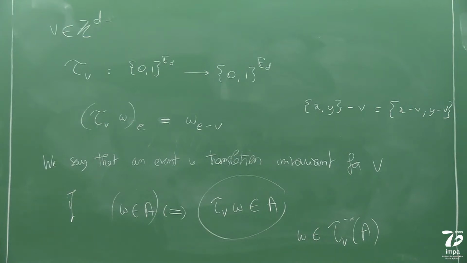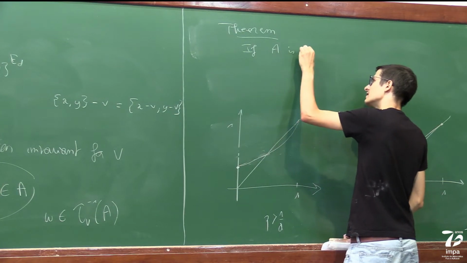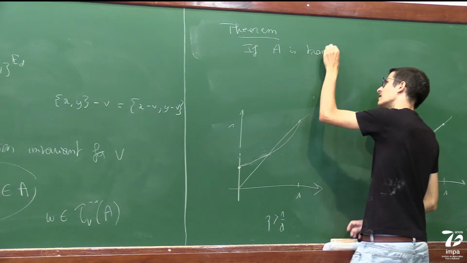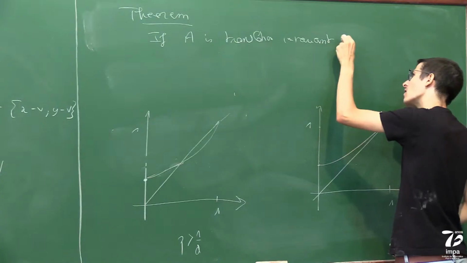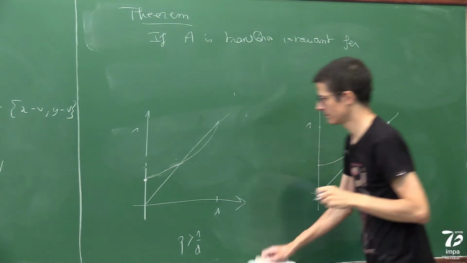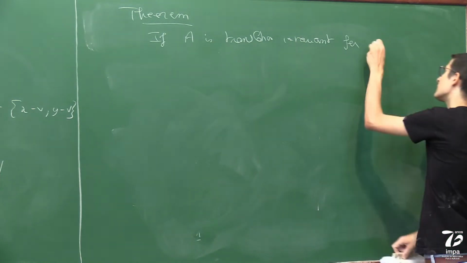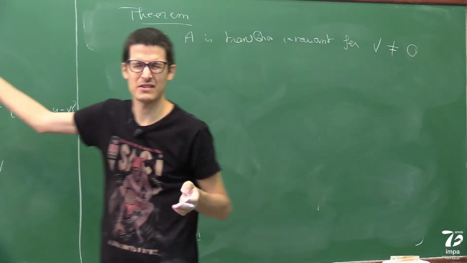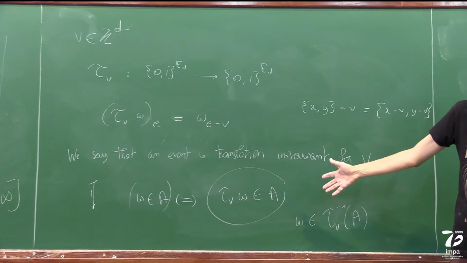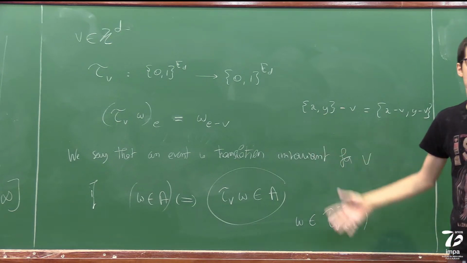Now the main theorem that we are going to prove today is that if A is translation invariant for V, a non-zero vector, then, of course this definition doesn't make a lot of sense for V equal to 0, because then all events are translation invariant, and this does not tell you anything about these events.